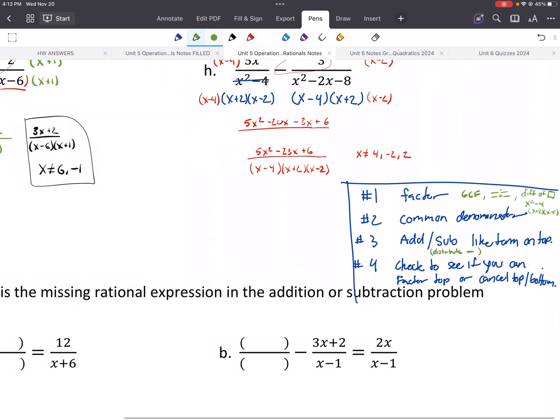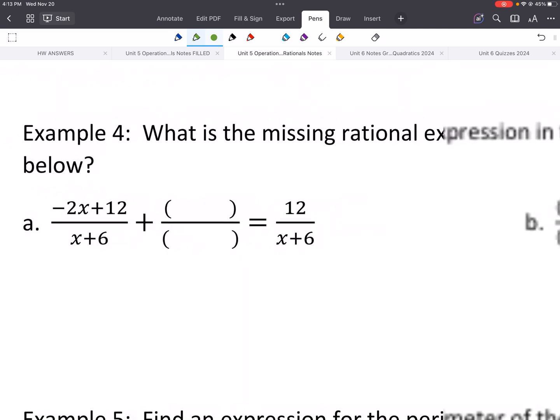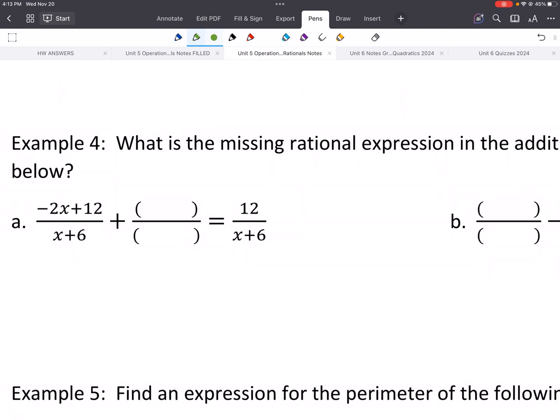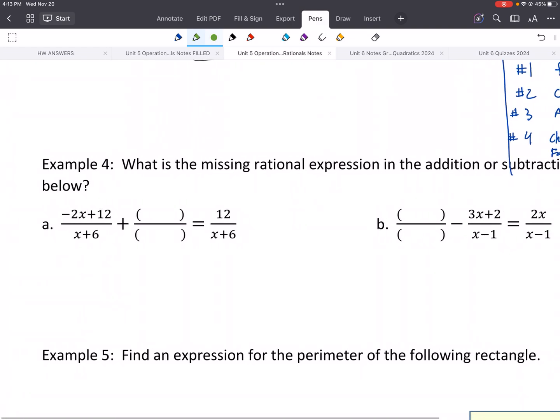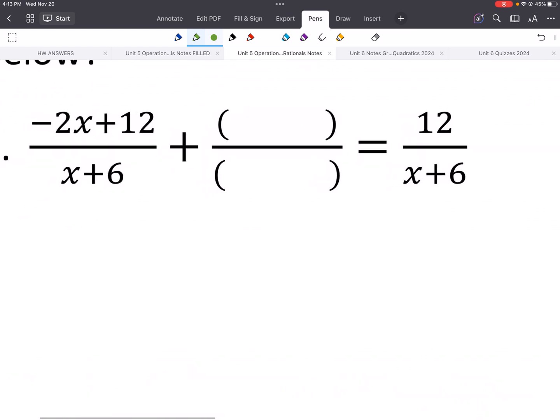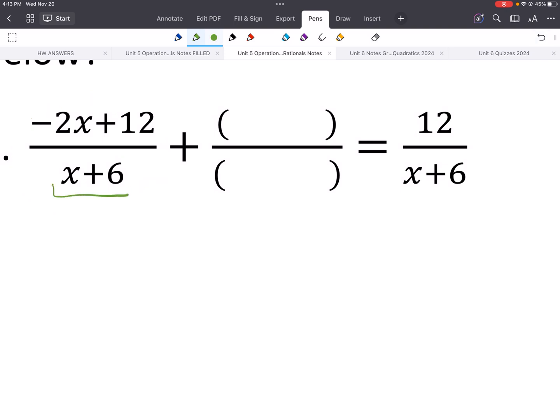All right. Let's just look at this real quick. You're going to have something where you'll have a missing term. It says, what are the missing rational expressions in the addition or subtraction problems below? Sorry, I had to keep zooming out so I could read it all. Okay, so one thing you could do is we could add this over here, but these ones aren't too bad because they have a common denominator. So really we're just focusing on the numerators.